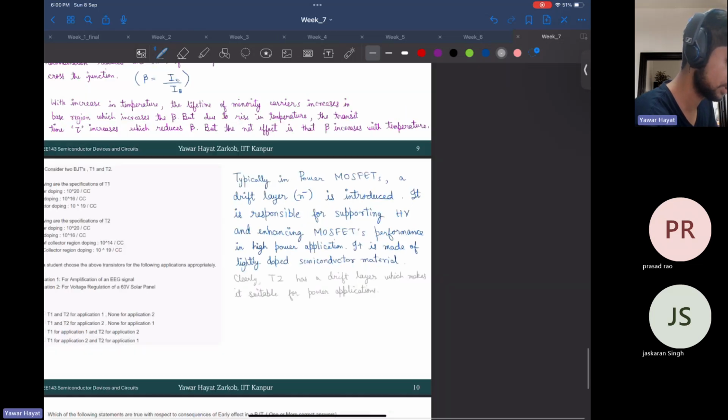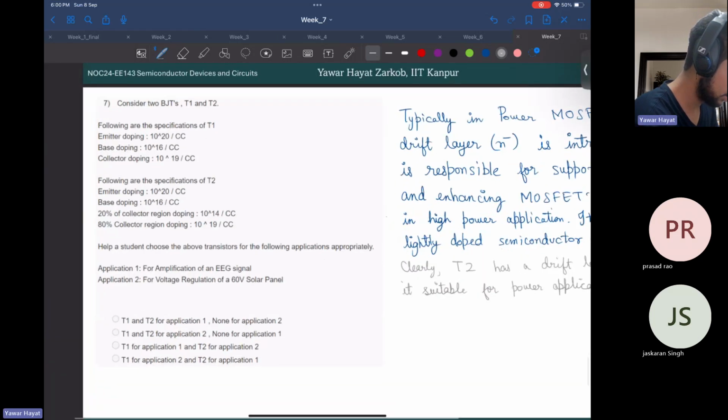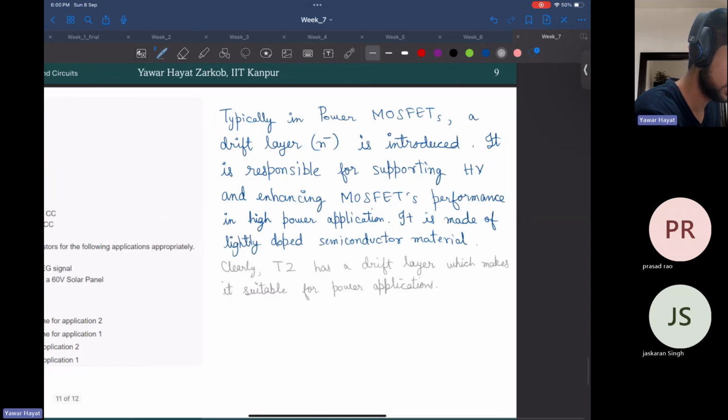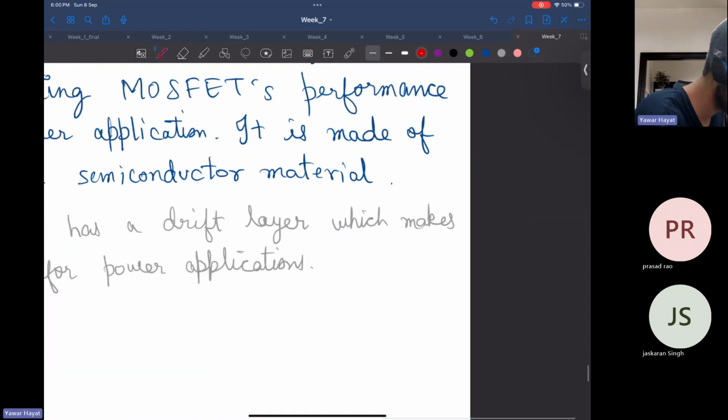Right. So the application 2 is the power application, right? So I'll write this as application 2.